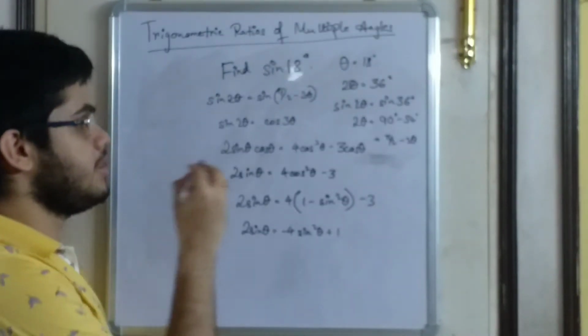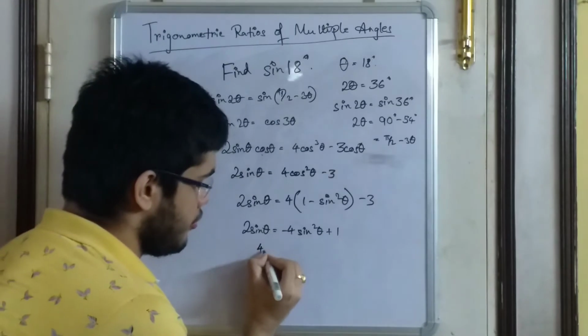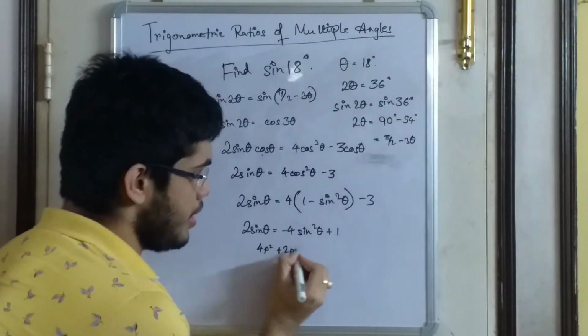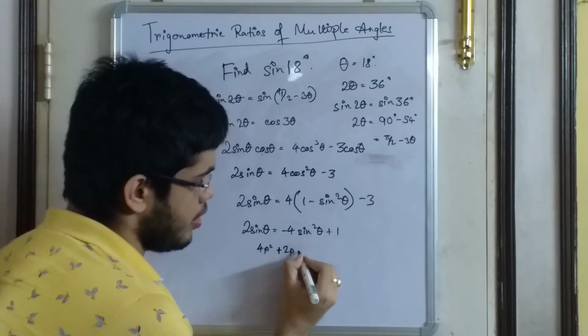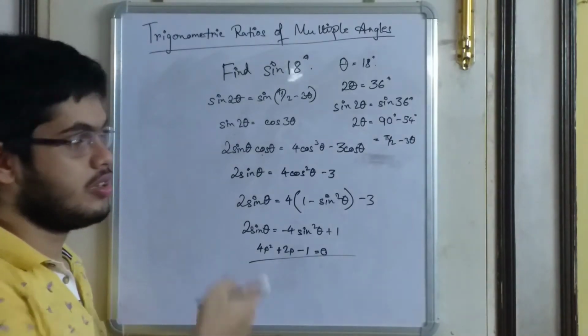So we are taking sin theta as p, and then we can write 4p square plus 2p minus 1 is equal to 0. Now solve this quadratic equation.